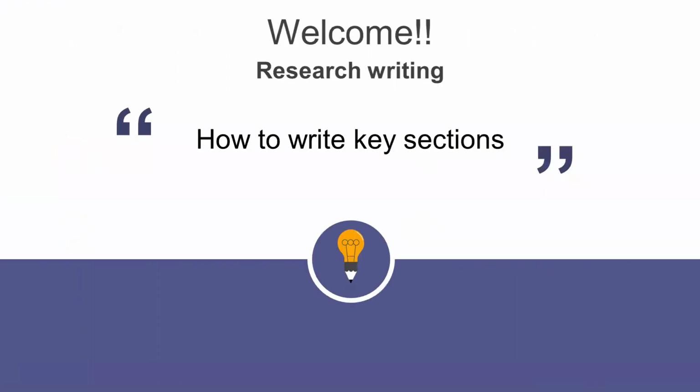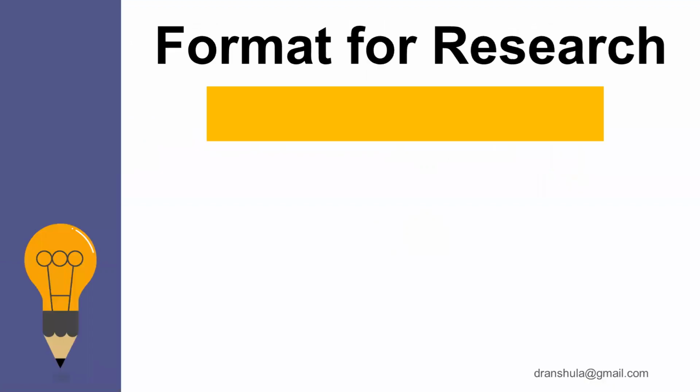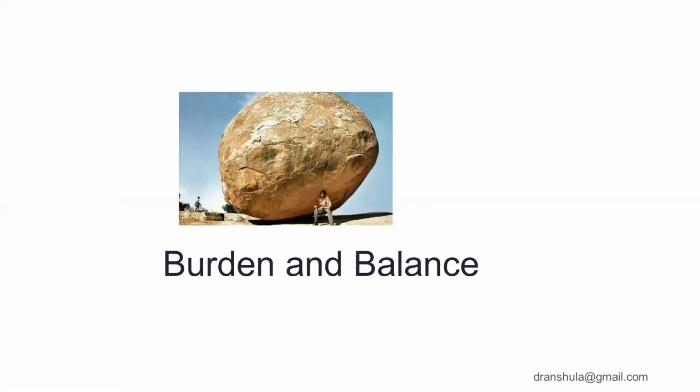So let's start. How to write key sections of your research. So format for research, as most of you are aware of, is IMRD format, which is introduction, materials and methods, results, and discussion. So IMRD is the mnemonic for format for research.